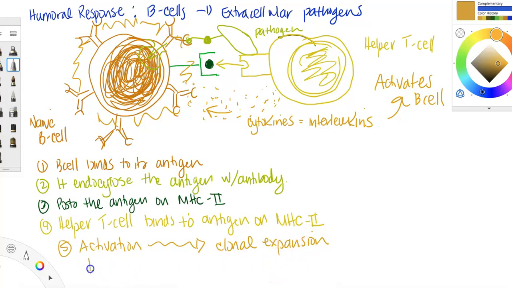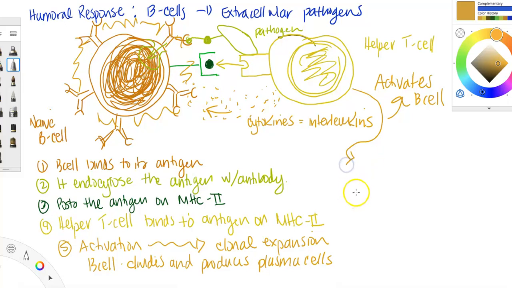What occurs during that is the B cell divides and produces plasma cells. And the plasma cells make antibodies. So once it's activated, it will divide, and it will make these things.